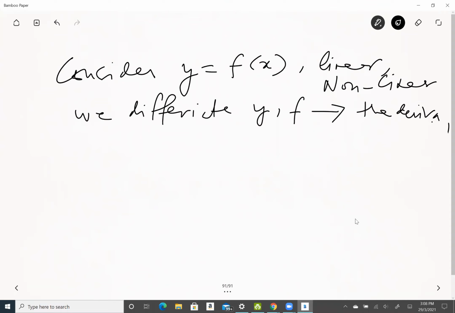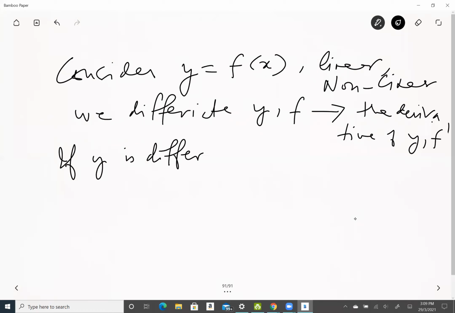The derivative of y or f. So in other words, if y is differentiable, then y has a derivative.